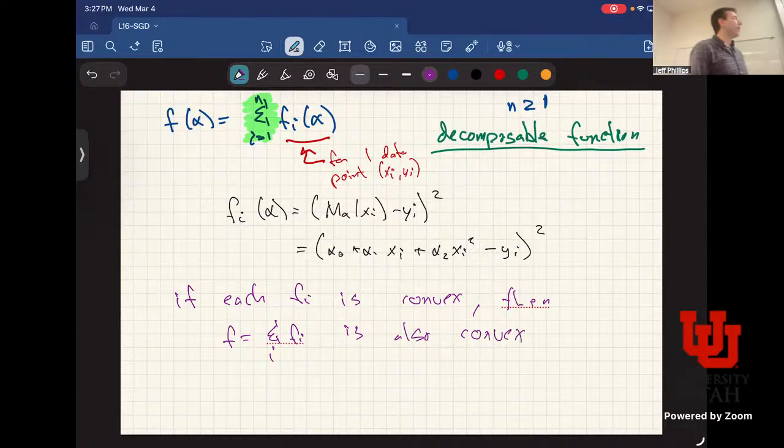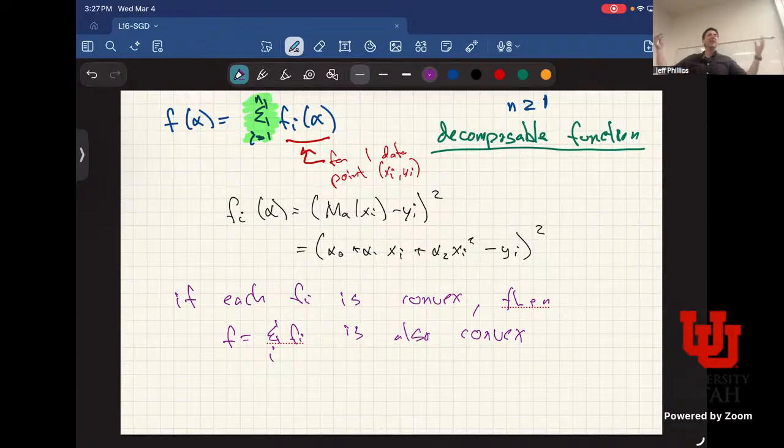Okay, so when we talked about convex functions, we have the property that if you take the sum of two convex functions, it's also going to be convex. Well, we're going to inherit that here. So if our original function f_i of alpha for one data point is convex, then our sum of them, sum of squared errors, will also be convex.